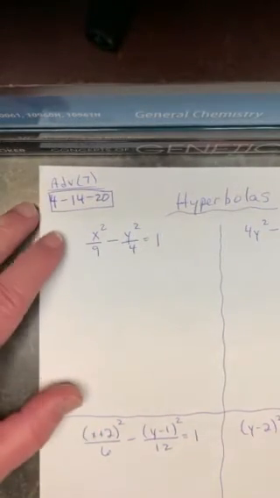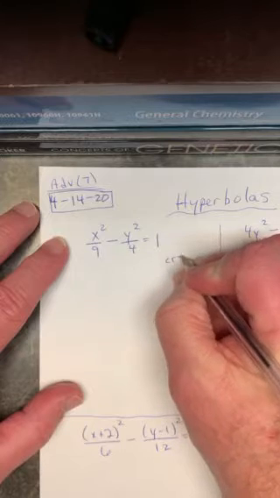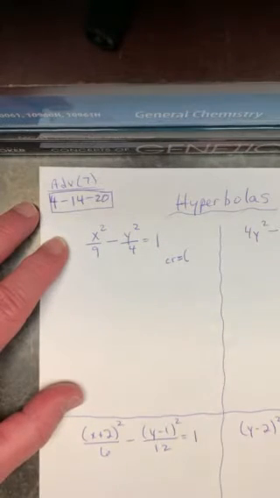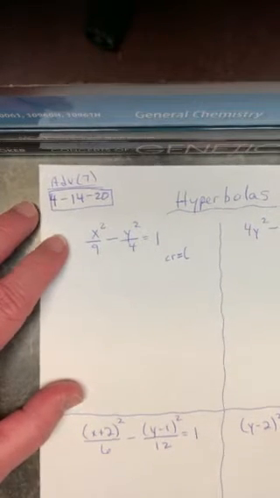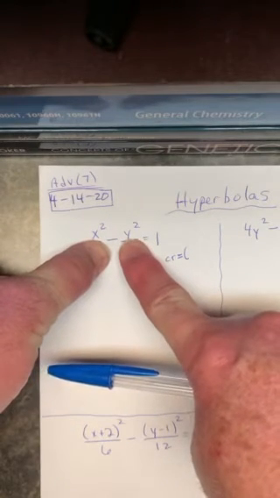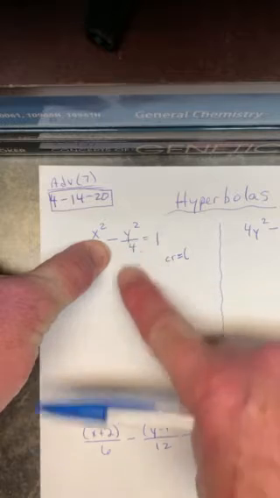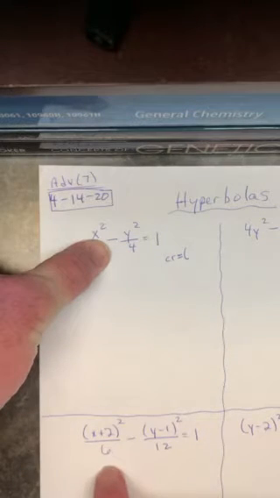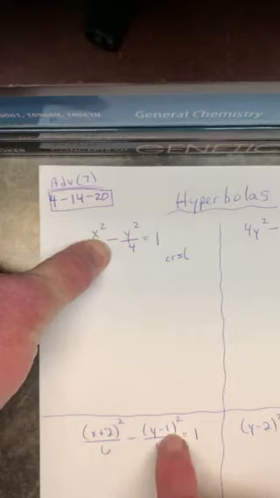Now, how do you graph these? Well, just like the last 2 days, we got to start out by finding the center of our picture. This is a good old x squared and a good old y squared, right? There's no numbers in the parentheses like this one down here. Notice number 3, it says x plus 2, y minus 1 in parentheses.